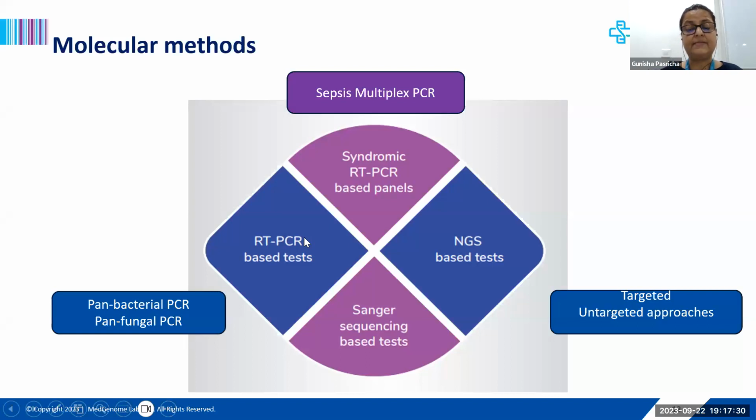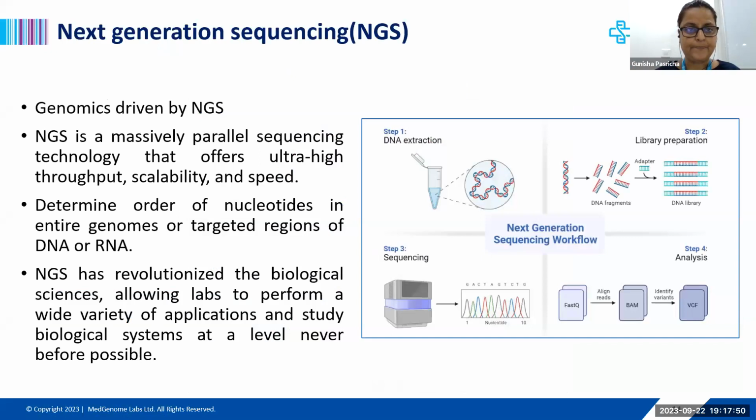And in NGS, next generation sequencing, I'll be taking you through the targeted and untargeted approach, and also giving you a brief algorithm which we follow at MedGenome more recently for clinical metagenomics in sepsis cases, where it involves initial pan-bacterial and pan-fungal PCR.